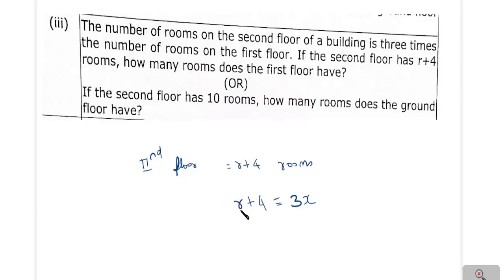So then you have to find the first floor rooms. R plus 4 by 3 equals X. So R plus 4 by 3 is the answer for the number of rooms in the first floor.